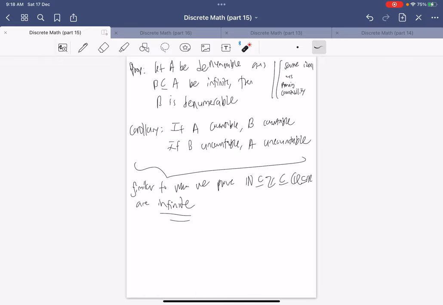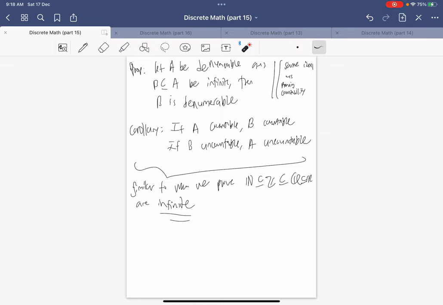Now you want to have a criterion for when sets are countable instead of always proving using surjective functions, because sometimes the surjective function is quite hard to form. So if you're able to say that A is denumerable and B is an infinite subset of A, then B is also denumerable. It is the same idea as when we proved the criterion for infiniteness.